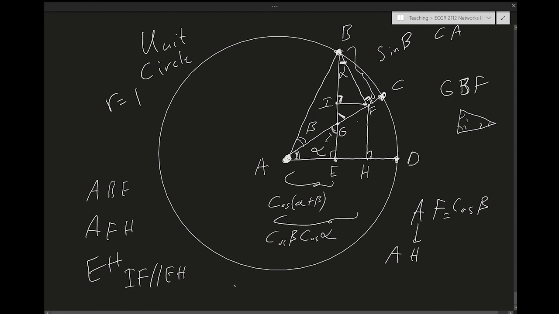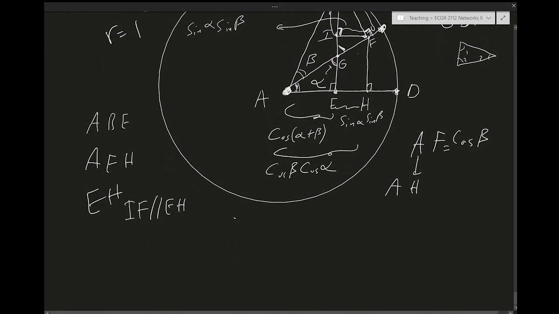So if the hypotenuse is sine beta, this segment here, BI, is going to be sine beta cosine alpha, and this segment here is going to be sine beta sine alpha. So this segment here, EH, is sine alpha sine beta. And there you have it.